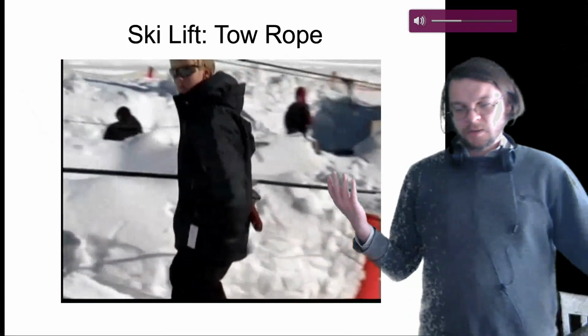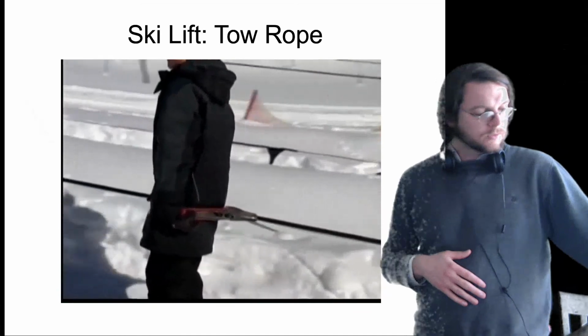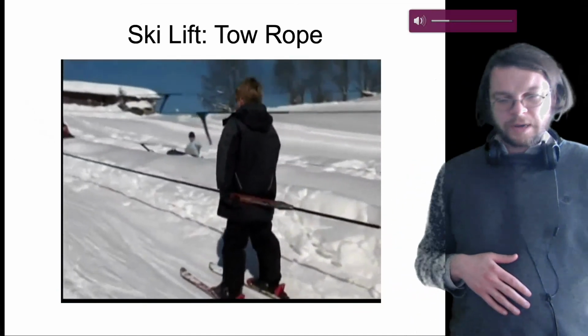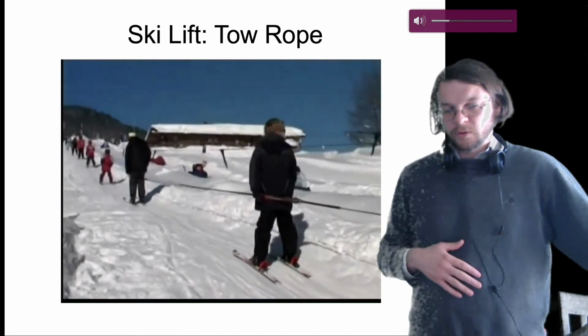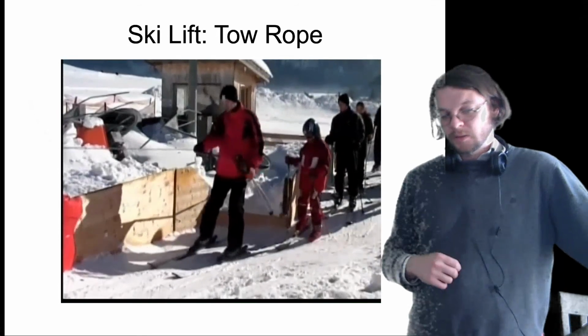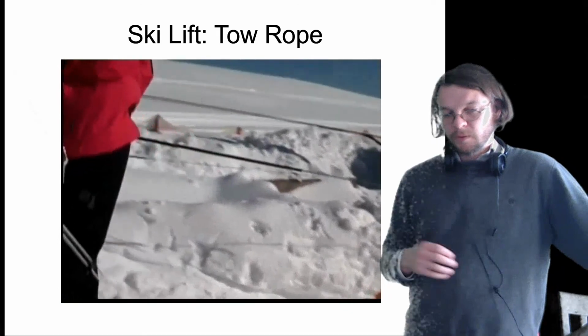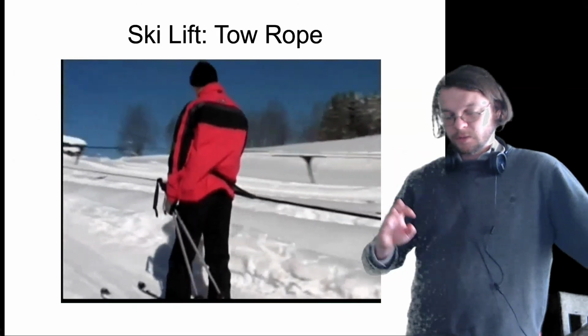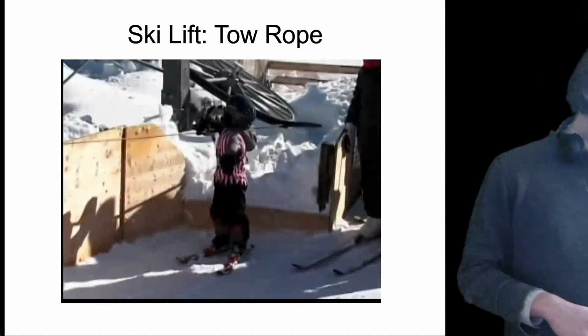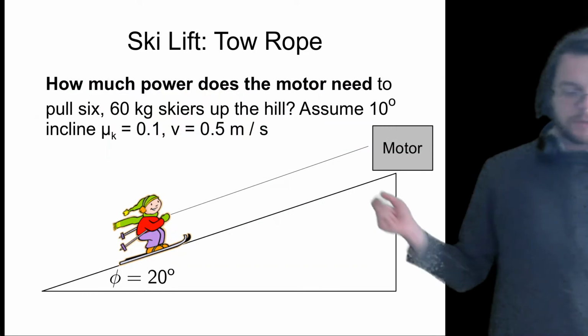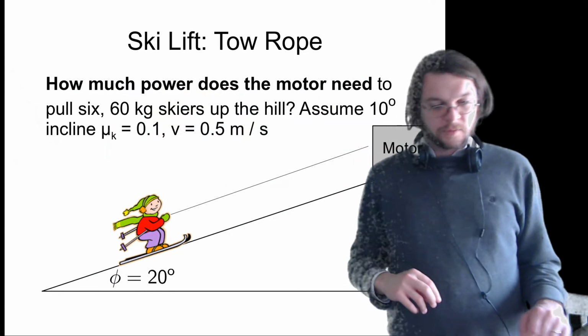So let's imagine that your job is to try to figure out how powerful of a motor do we need to power this ski lift, and to pull all these people up the hill. And so the hill's at a particular angle. We have a certain mass of person. That video goes on for like 20 minutes, by the way.